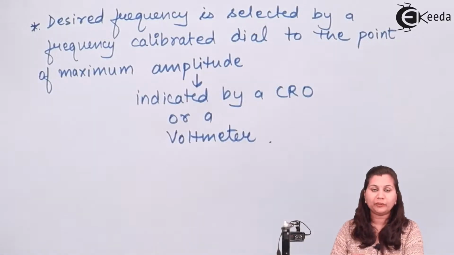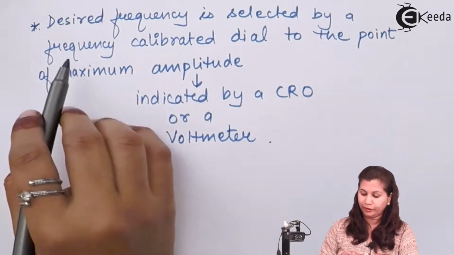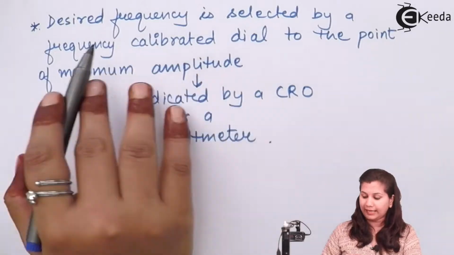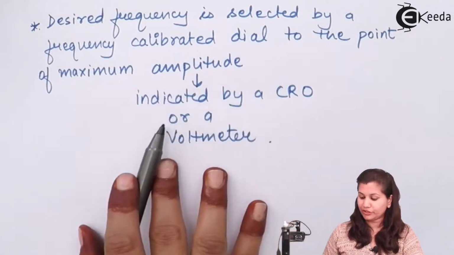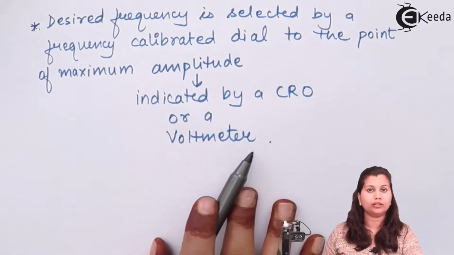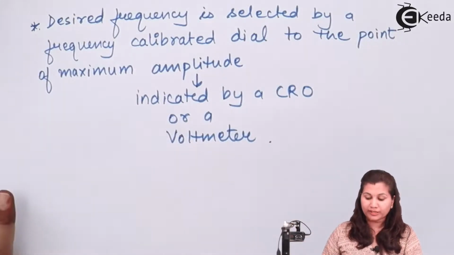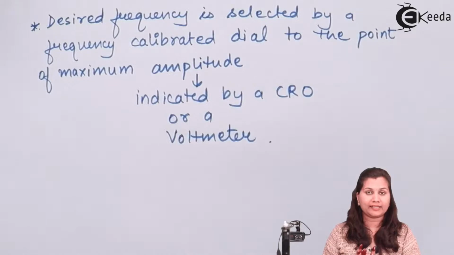This dial indicates the maximum amplitude which is given by the CRO or the voltmeter. So this is how the basic wave analyzer works.